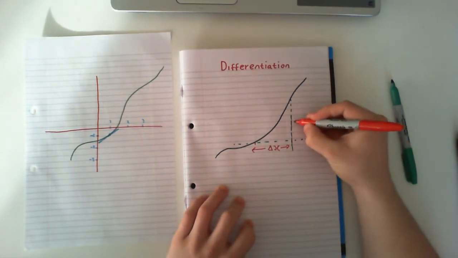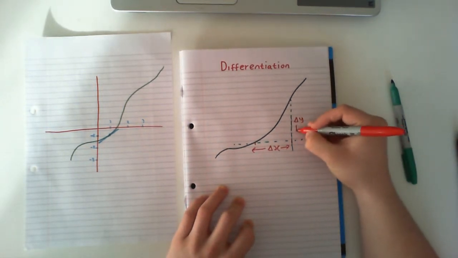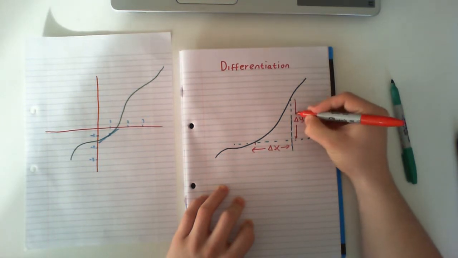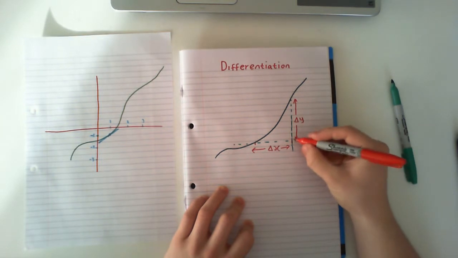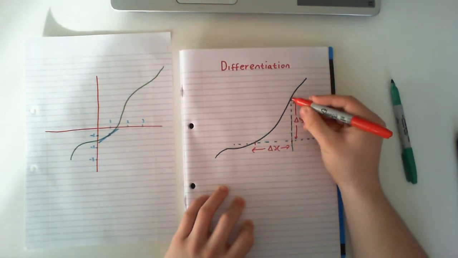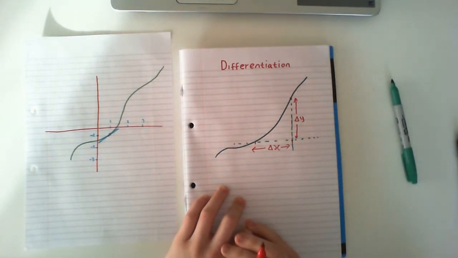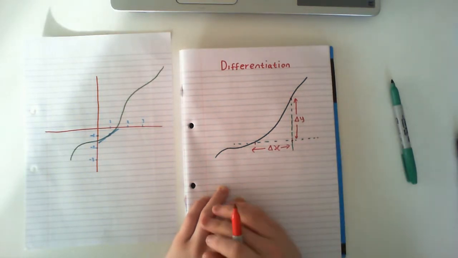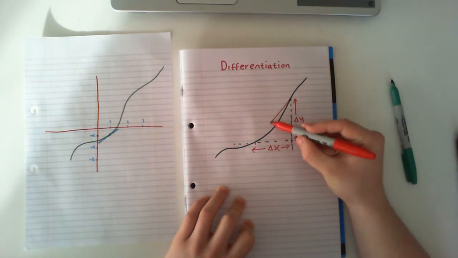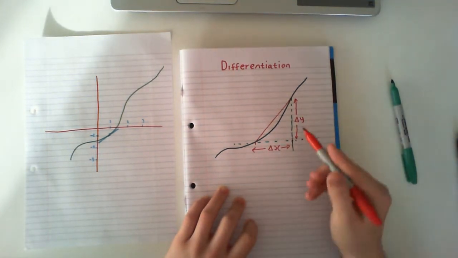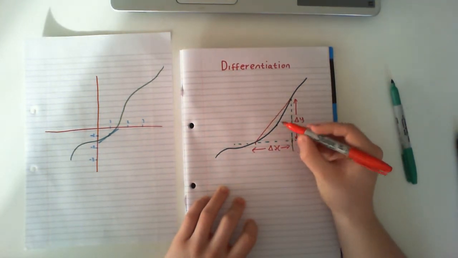And you could tell me that this distance here is dy, or delta y, sorry, and that's from some point y1 to y2. And you could find the ratio of these two, and you'd find some line like that there. That isn't about our point, which is somewhere around here.